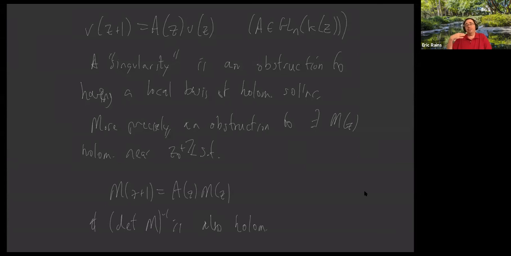Now, if you think about it, this is what we meant by singularity in the differential case. Because at any point that was not one of our singular points, we had this basis of solutions. But we started with a matrix form of the equation. So each one of those two solutions we had were both vectors. We can turn that into a 2x2 matrix for the second order equations.